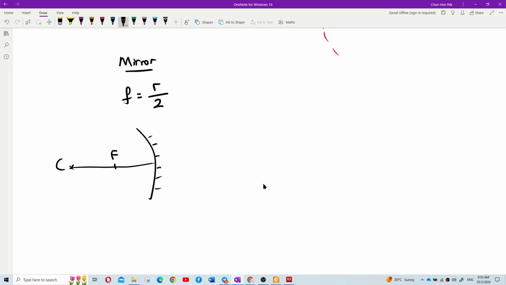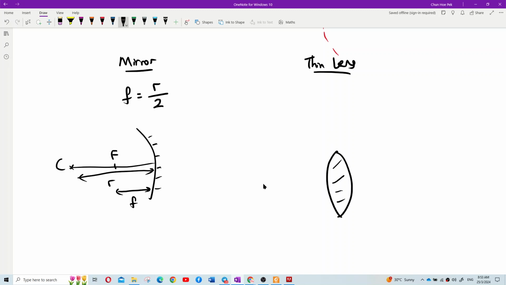So the focal length is half of it. But for a thin lens, it's different. A thin lens has two surfaces, so you must consider surface 1 and surface 2.